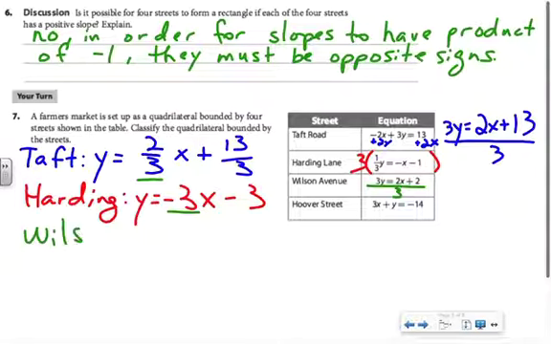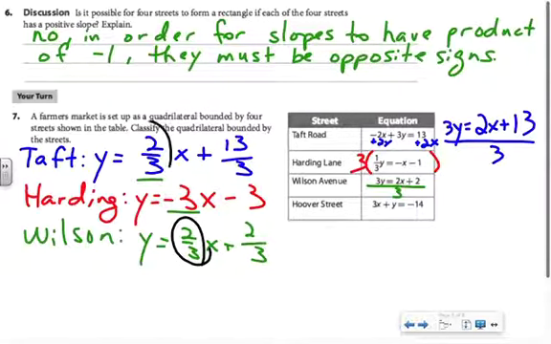So Wilson will be y equals 2/3 x plus 2/3. And now this is looking promising. Here's one pair of opposite slopes that will be equal to each other. So this could be a trapezoid, or let's look at Hoover Street.